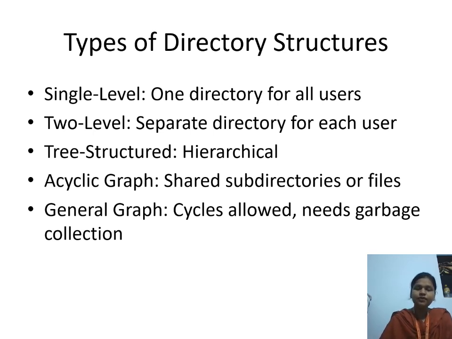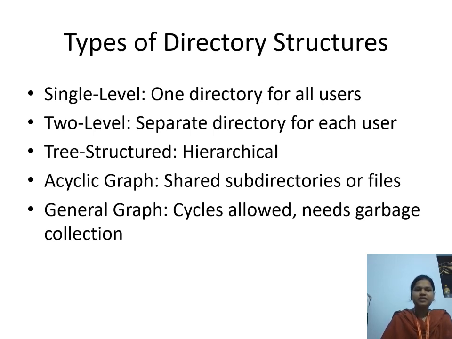In that directory only, we need to create, write, or read files. In two level, there is a separate directory for each user. So we can use either one directory or two directories. It is a user choice.